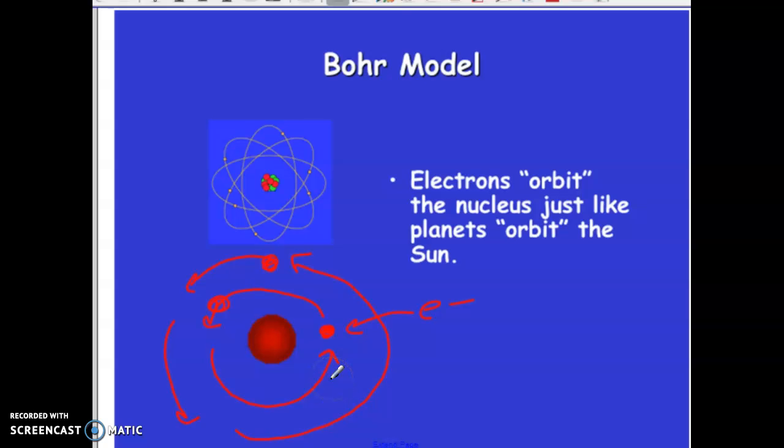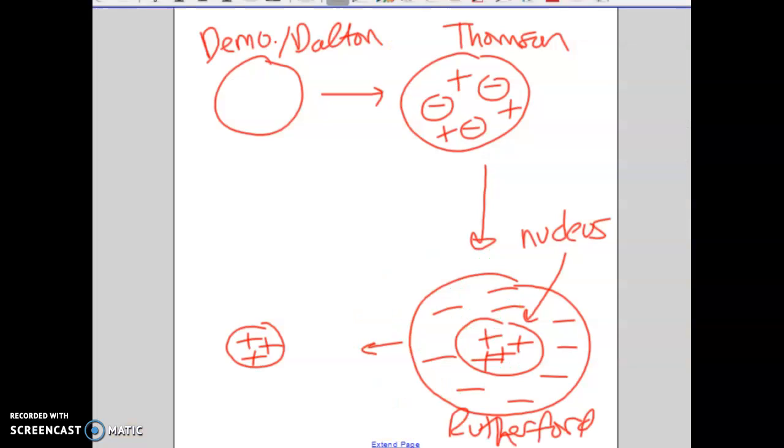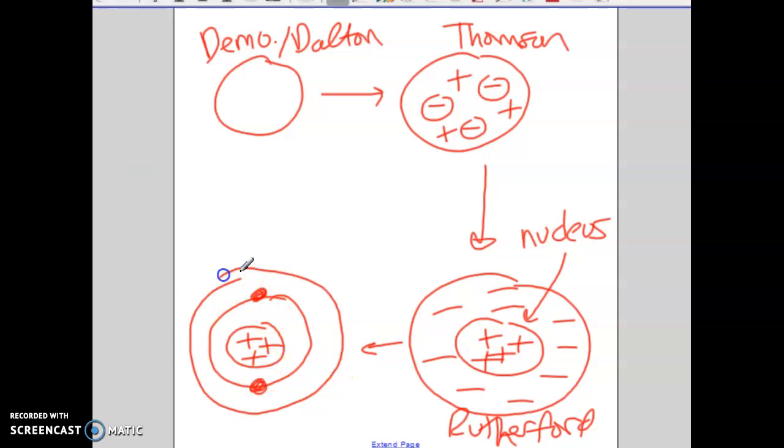But what you need to understand is that Bohr's main contribution to the atom is that we now have these energy levels. So going back to this, now instead of having the electrons randomly around, we have the electrons in orbits. I'm just going to draw a few for an example, since you can have different numbers of electrons here.